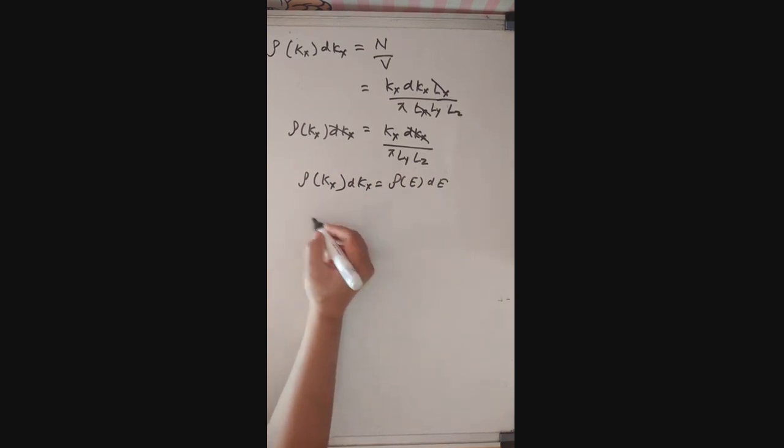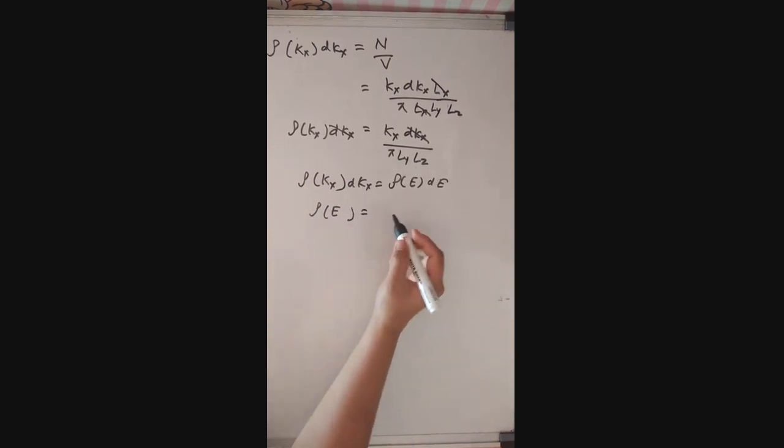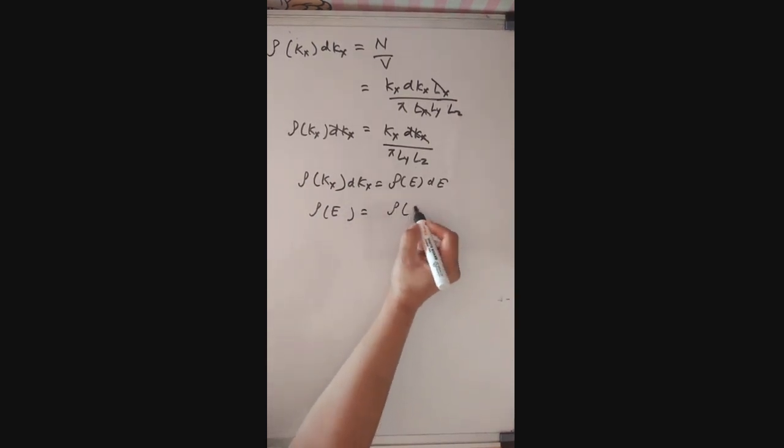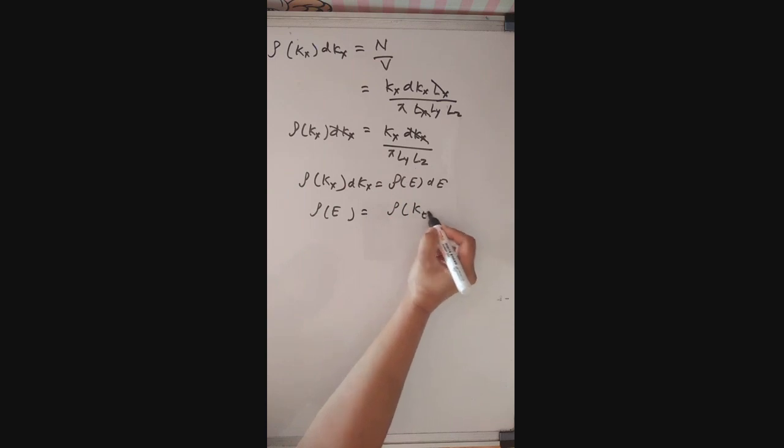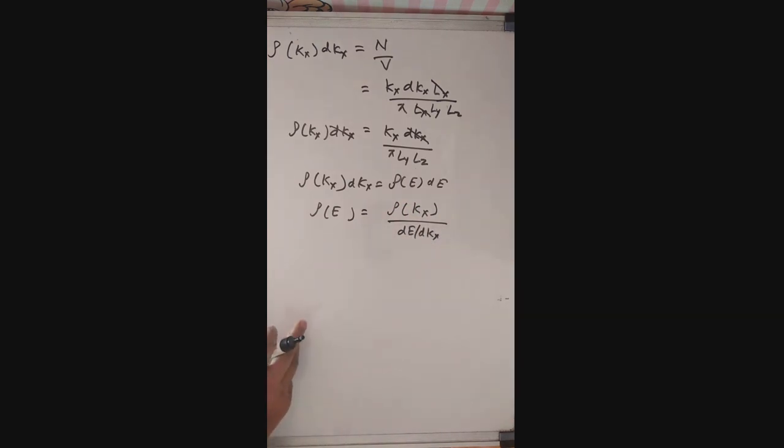We have been doing this for the past two structures also. So rho E will be rho kx divided by dE by dkx. We need to put this value in.